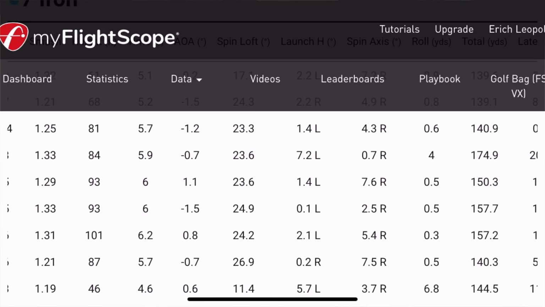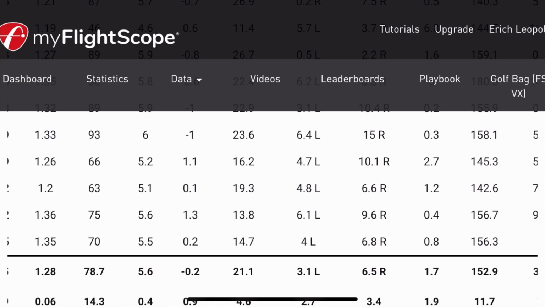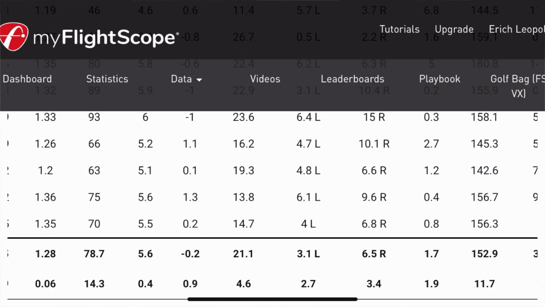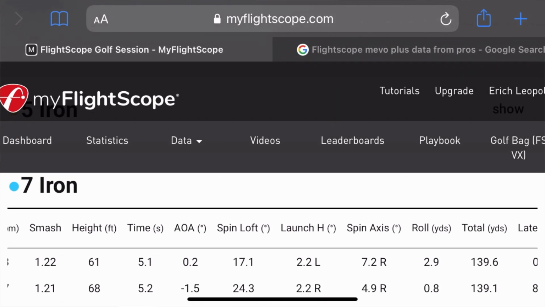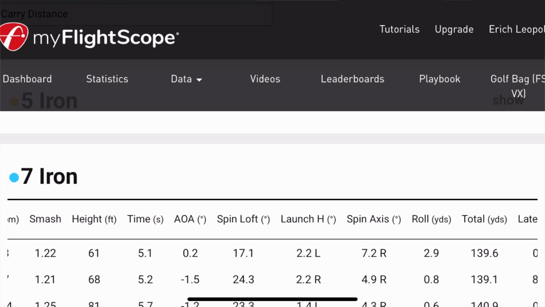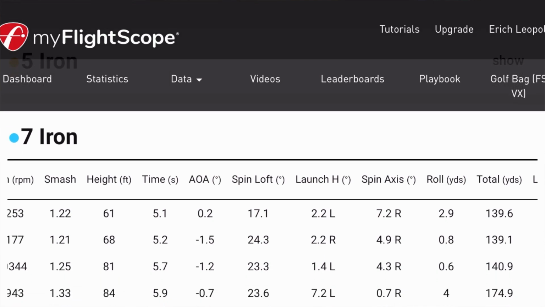Everything is left, left, left, that means that the ball started left of target. And if you look at the spin axis, everything is to the right, meaning that the ball was spinning to the right. So you can also obviously see on the video that he comes over the top. But if you look at these two parameters here, they will tell you.